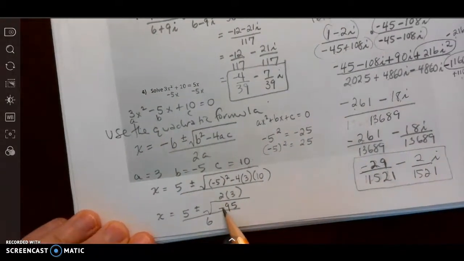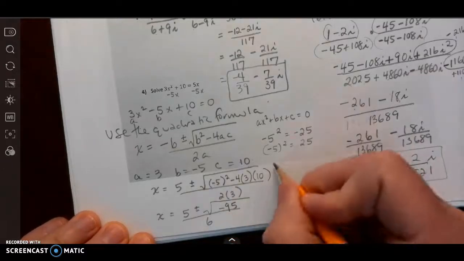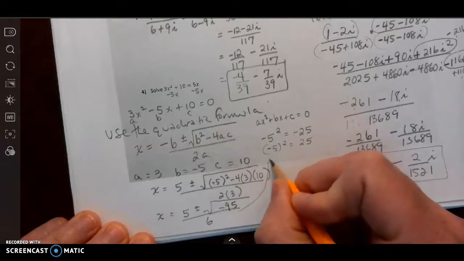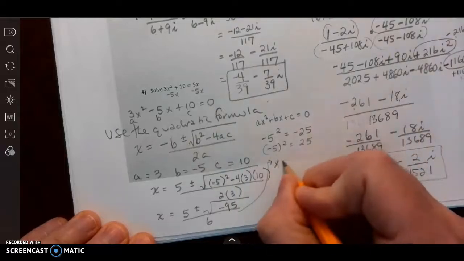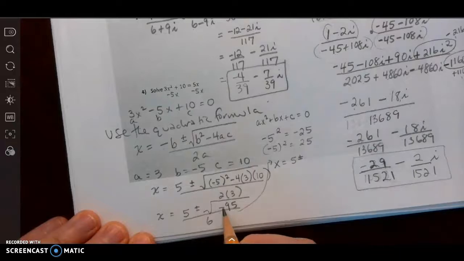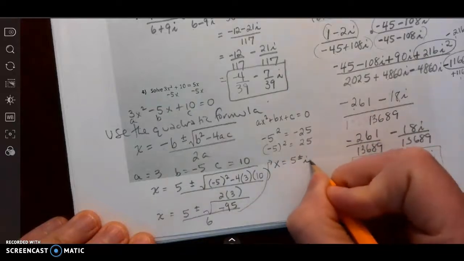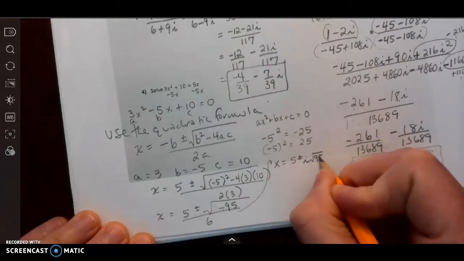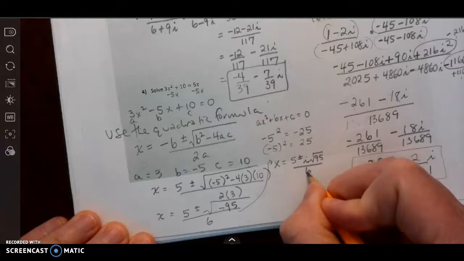See right away there's a negative under here, which is why I wasn't able to see my answer on the graph. So I'm going to keep going. I'm going to move up to here now, and I get that x equals 5 plus or minus. I'm going to pull that negative out and say i times the square root of 95 all over 6.